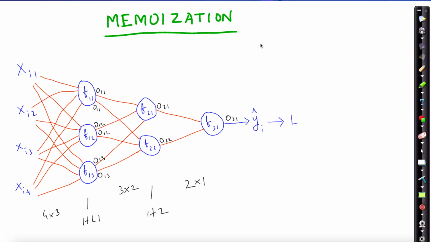So we had to find something like this. Say, for example, we had to find the partial derivative of L with respect to this weight. Which weight am I talking about here? Just understand, this is W3. Let me write the weights first.